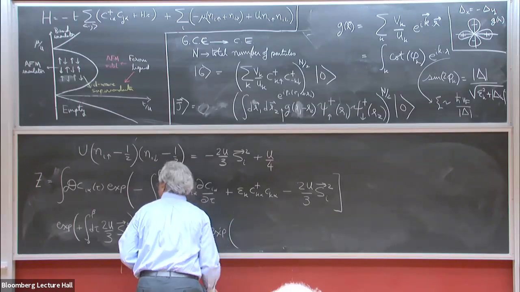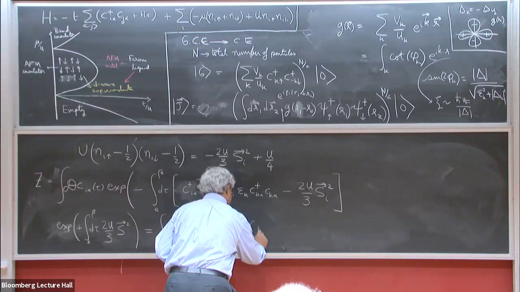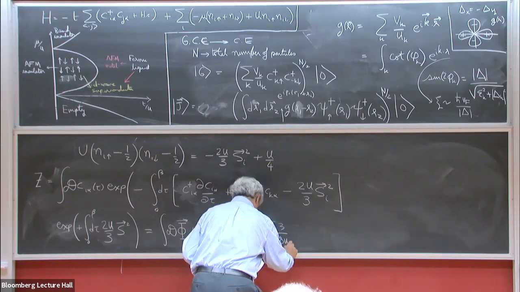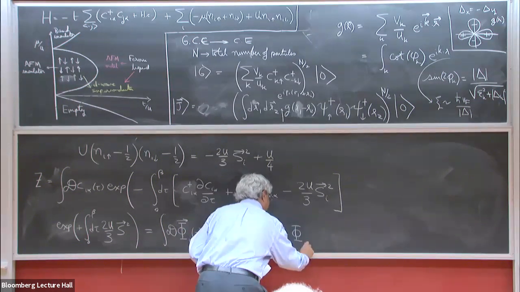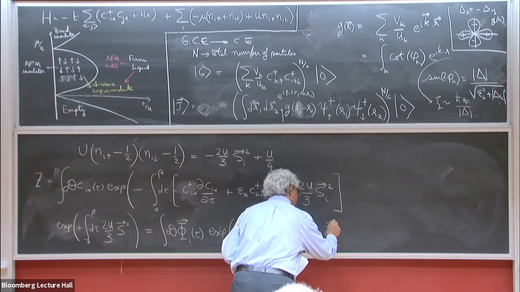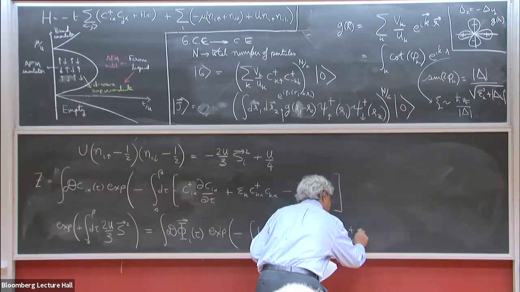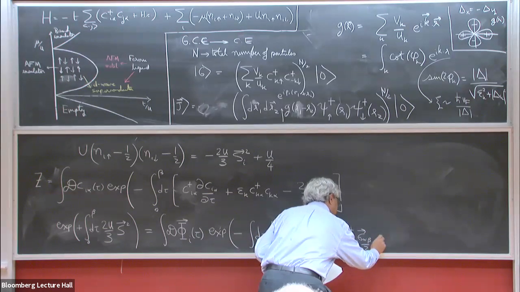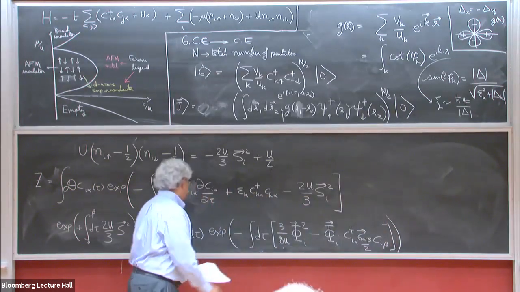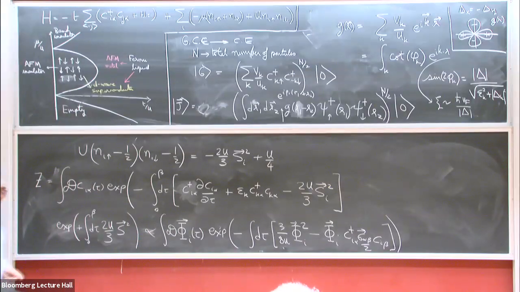Exponential of minus, dropping the site label, integral d tau, 3/(8u) phi squared minus phi_i dot c dagger_{i alpha} sigma_{alpha beta} c_{i beta}. There's an overall normalization, and that's an exact identity otherwise.